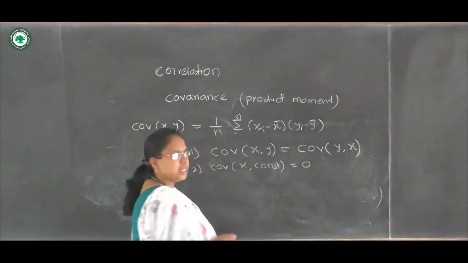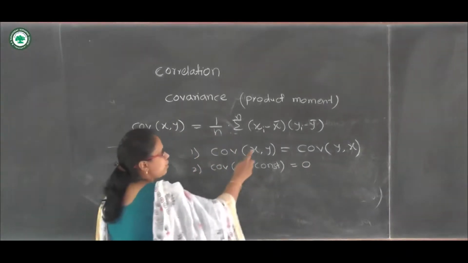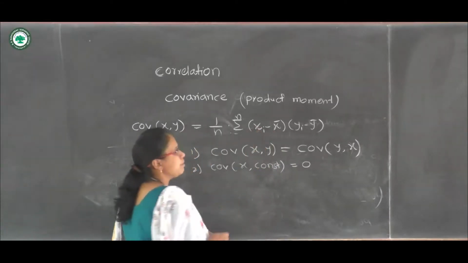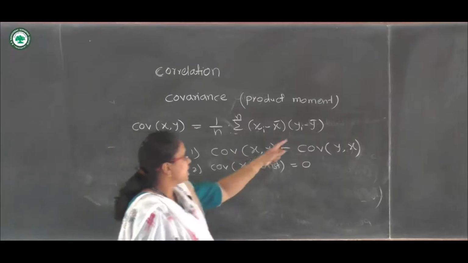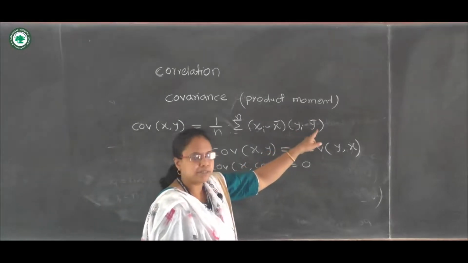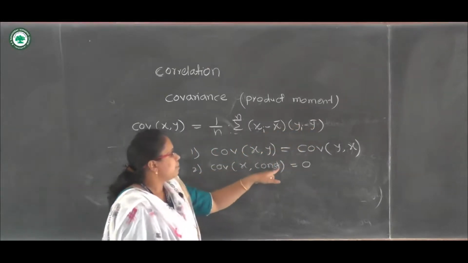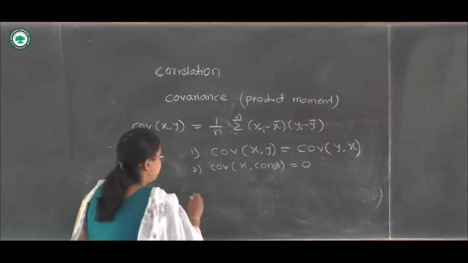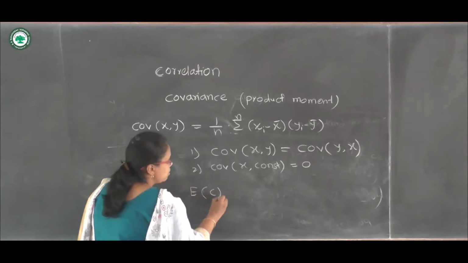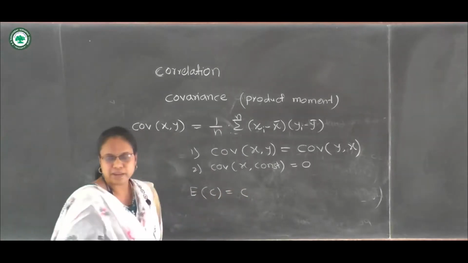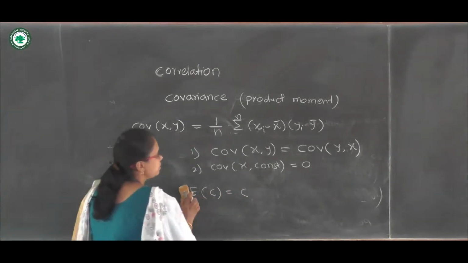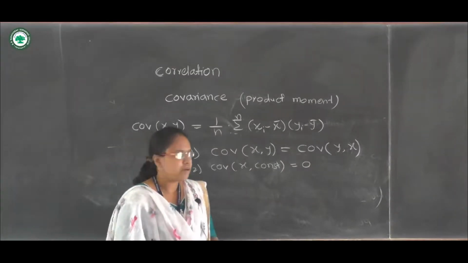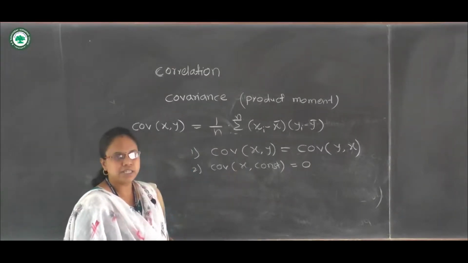The reason for this is, we can observe here the first variable minus its mean and second variable minus its mean. So we know the property of arithmetic mean, that the expectation of a constant is the constant itself. So if we substitute in the formula of covariance, then we will have its value as 0.